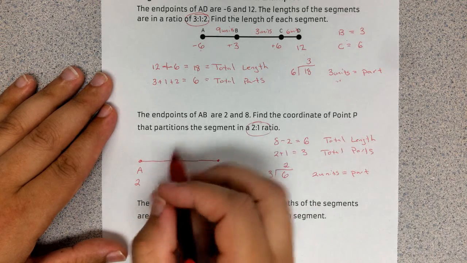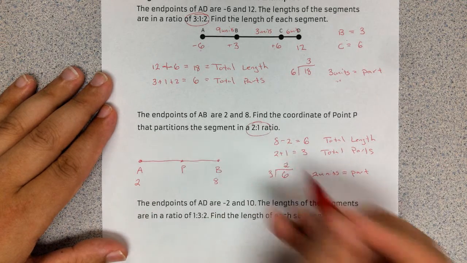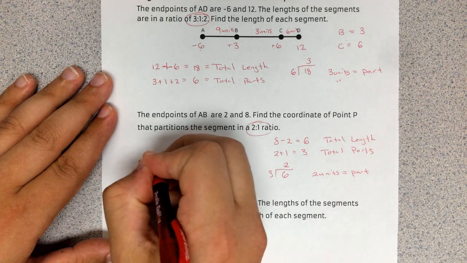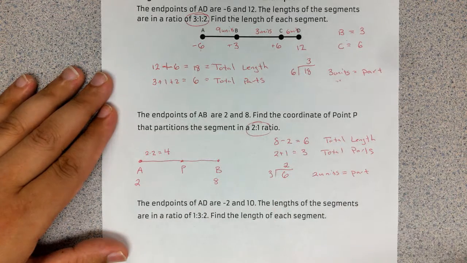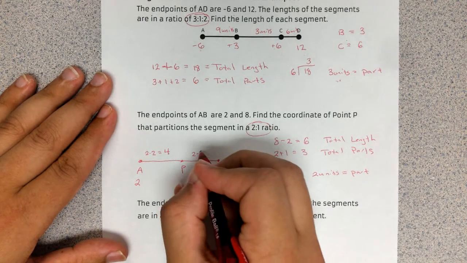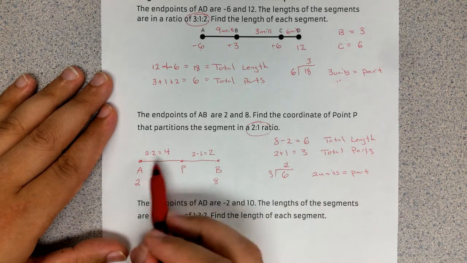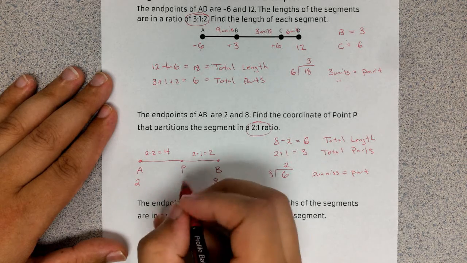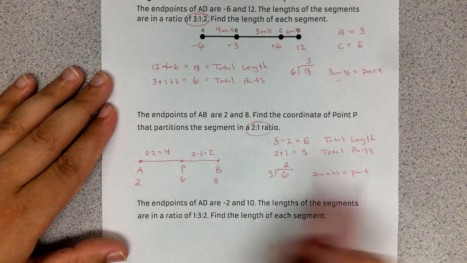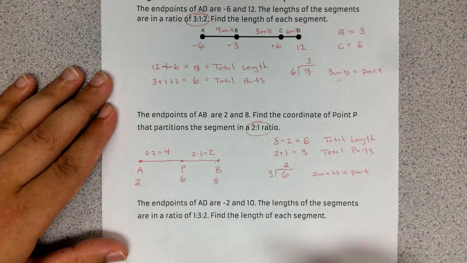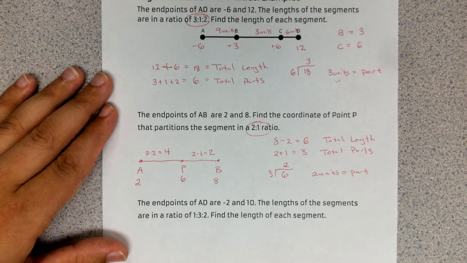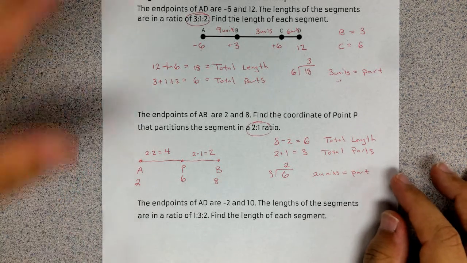Once again, from A to P, in a 2 to 1 ratio, I need to do 2 times 2, which equals 4, and then 2 times 1, which equals 2. So if I go from 2 and add 4 to it, P is located at 6. And if I add 2 to 6, I get 8. So everything checks out, and I have my total length.